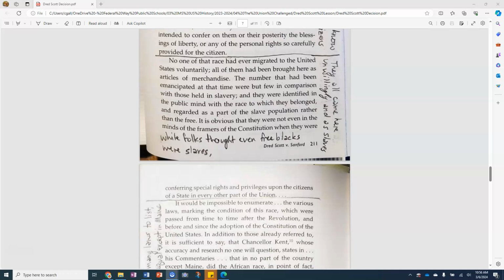And that in the public mind, in the average person, and here he's thinking average white person, right? They are identified by the race, so they're identified as being black and regarded as a part of the slave population. Okay. He says they obviously weren't even on the mind of the framers of the Constitution when they were conferring rights and privileges, right?